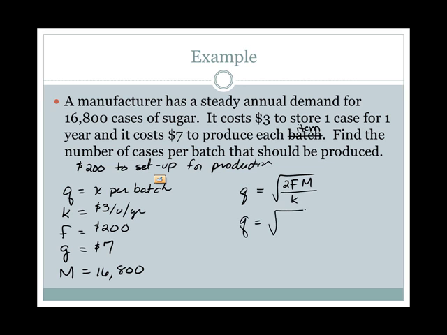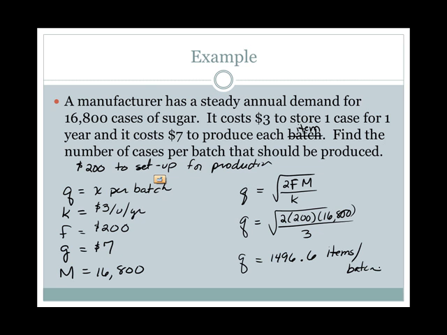So notice some of our numbers aren't coming into play. Just because they're in the problem doesn't mean you use them. And when you work that out, you should get 1496.6 items per batch.